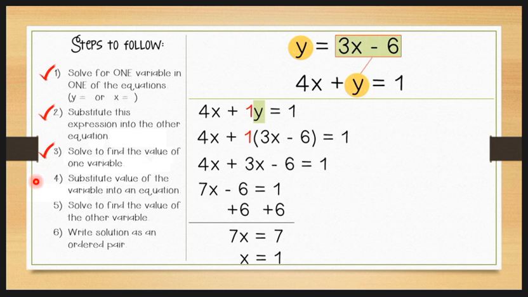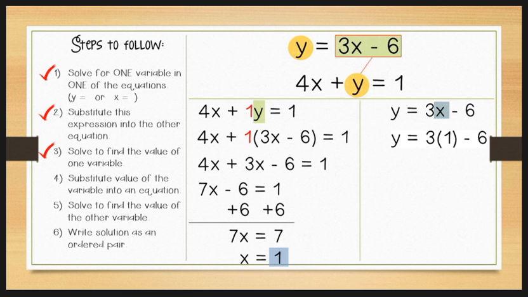Step 4 says to substitute the value of the variable into an equation. So now we are going to use the value that we got for x, which is 1, and substitute that into one of the equations. Using that first equation in our system, y equals 3x minus 6, we are going to use our x value of 1 and substitute that into that equation.